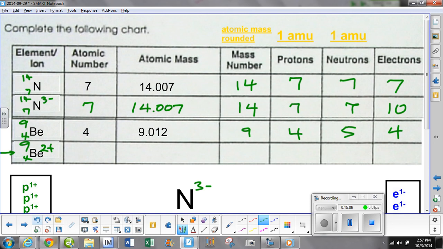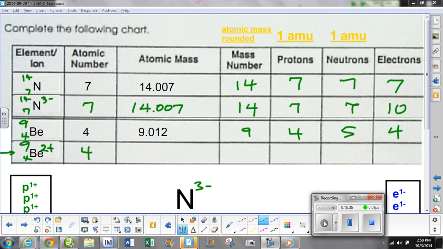All right. Now, Samantha, how about it? What are we going to have for our atomic number? So the atomic number is 4 because it's beryllium, and we put that there.